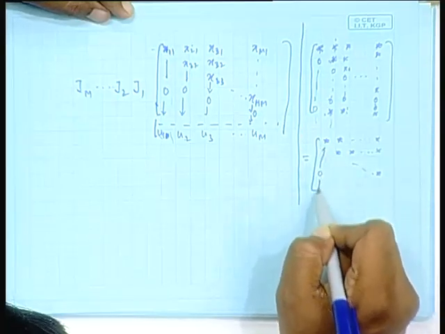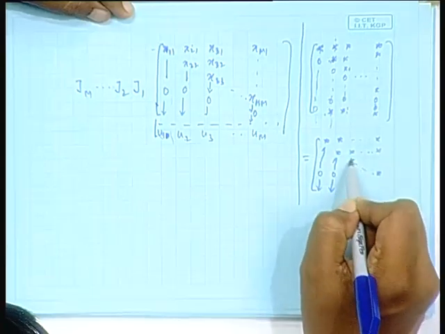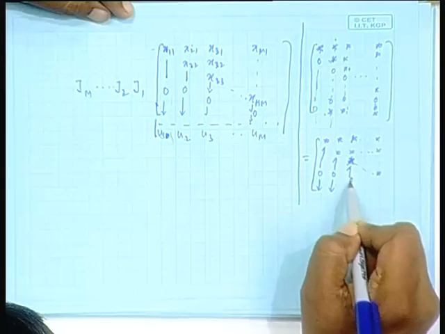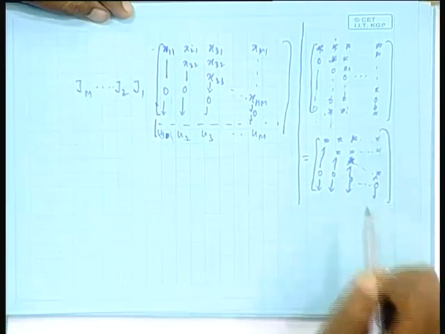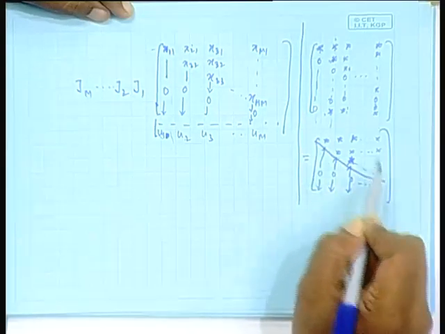Then zeros, zeros. This is an upper triangular structure, this is the upper triangular part.